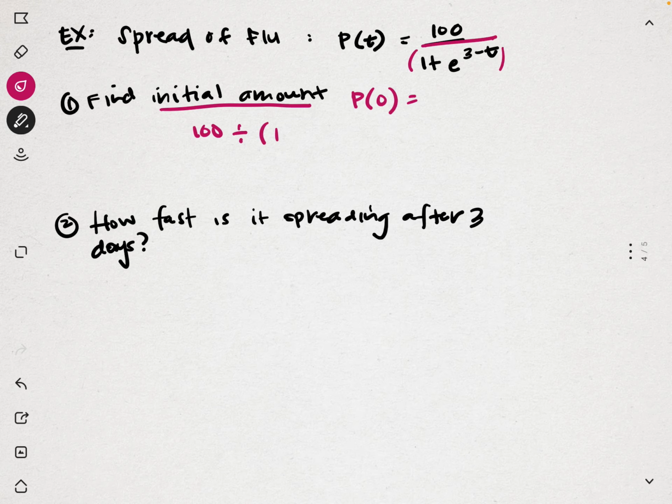We have 1 plus e to the 3 minus t, close parentheses. So this parentheses, that parentheses, this parentheses, and that parentheses all match up. So we're going to put it into our calculator just as we wrote it out.